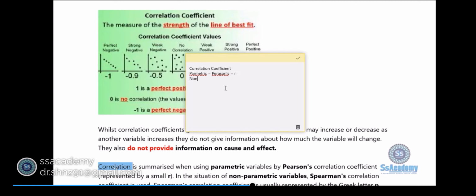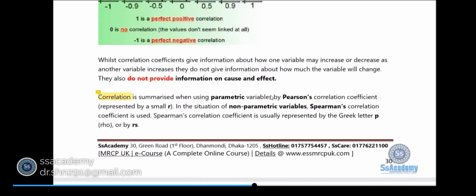And non-parametric equals Spearman's, and that is represented by rho. So small r, and this is rho. So this is the box.